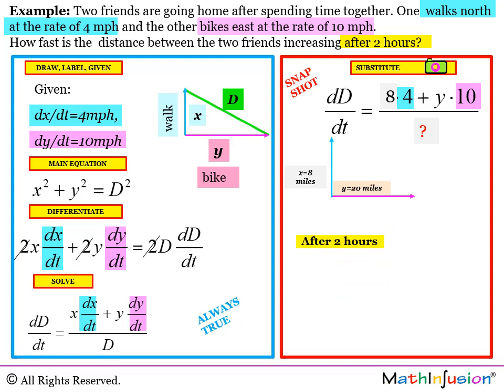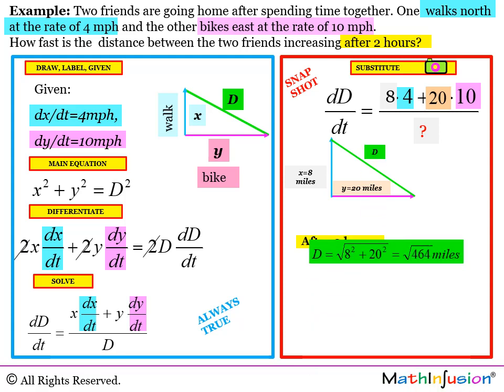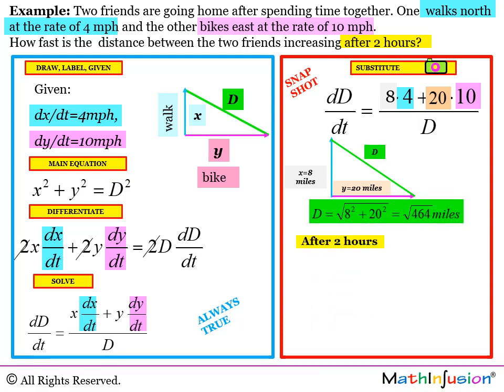What about y? After 2 hours, if the rate of biking is 10 miles per hour, the distance from the start is going to be 20 miles. So this is 20. And to find D, I can now apply the Pythagorean theorem.